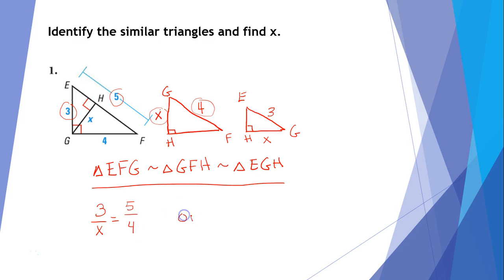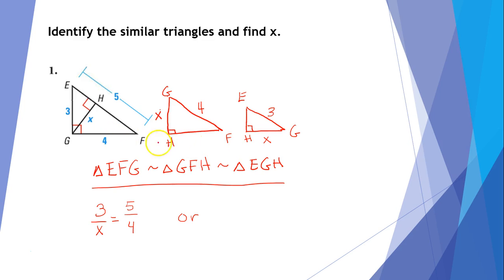I can do the same thing with my smaller right triangle. I can say, let's find x on the smaller triangle. Well, the two sides that we would be comparing in each triangle will be different.